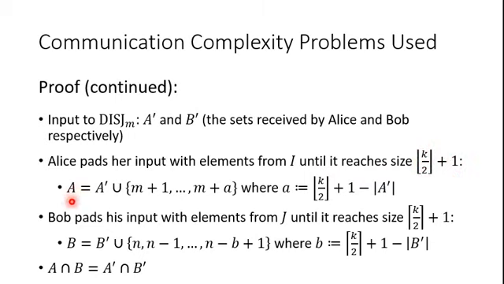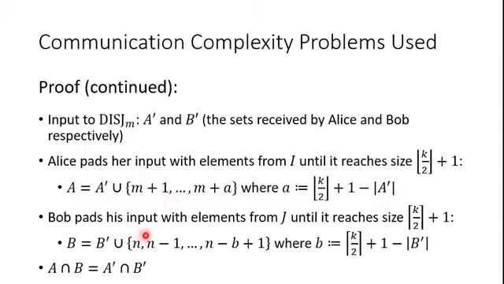The way she does it is she takes A prime, and then adds m plus 1, and so on, until she reaches the desired size, which is k over 2 plus 1 minus the size she already had. This is her new input.